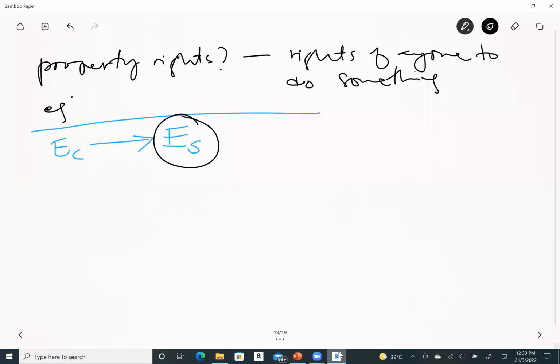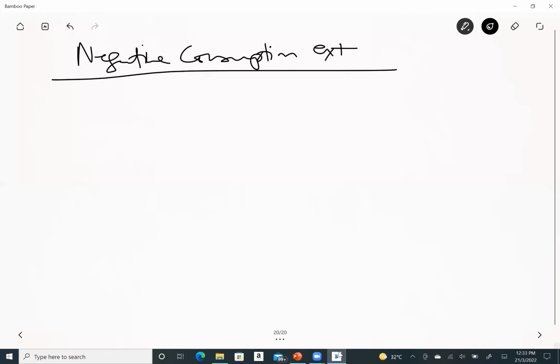So let us start with the negative consumption externality. Either the loud music or the smoking of cigarette. We are doing it by the Coase theorem. That means property right is already well defined. Your bargaining will be costless.